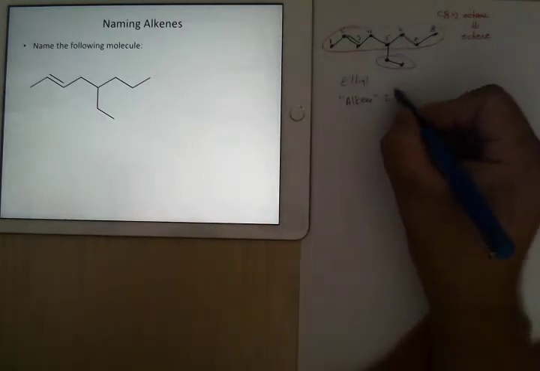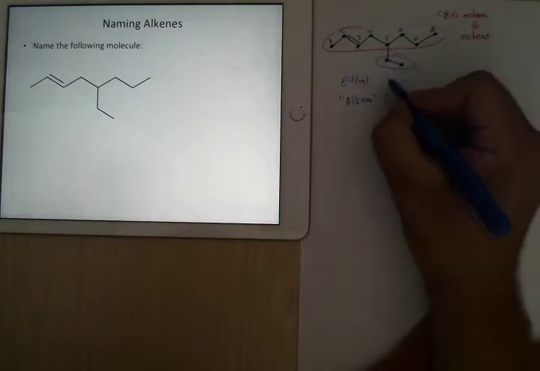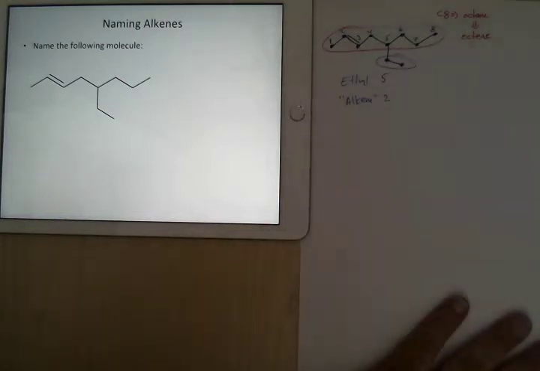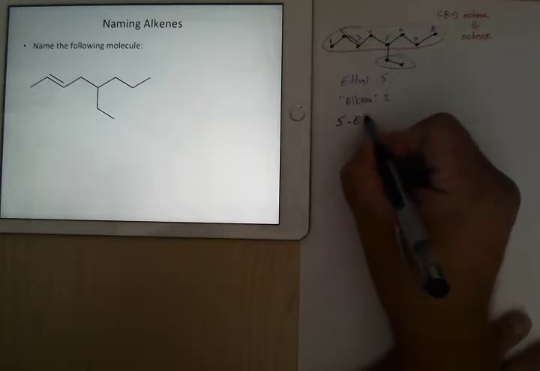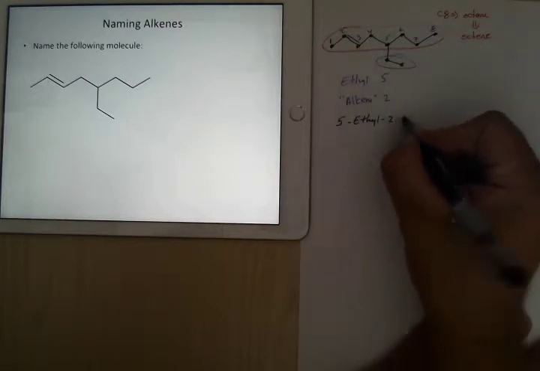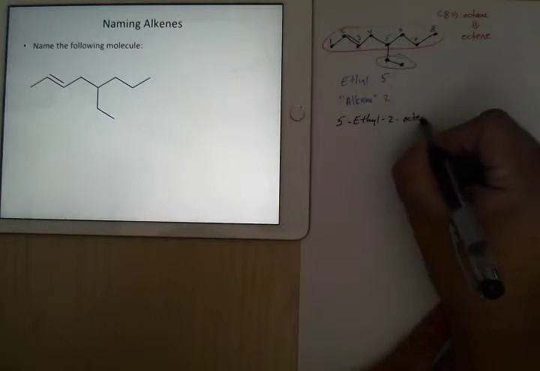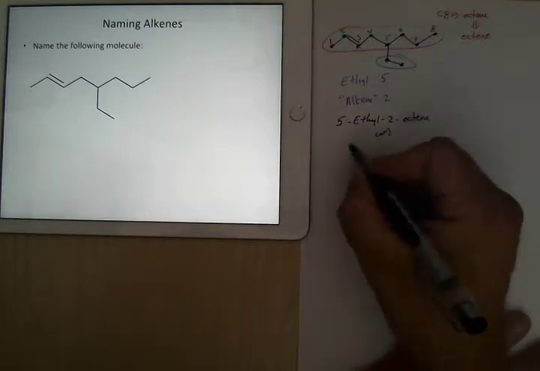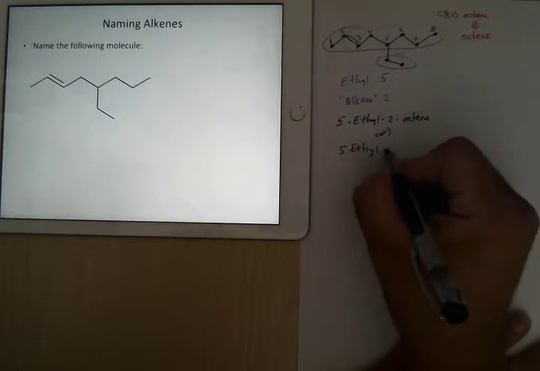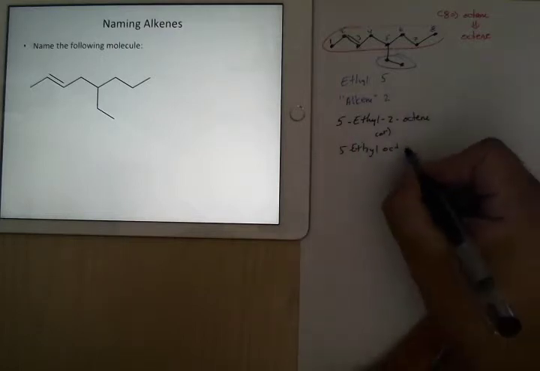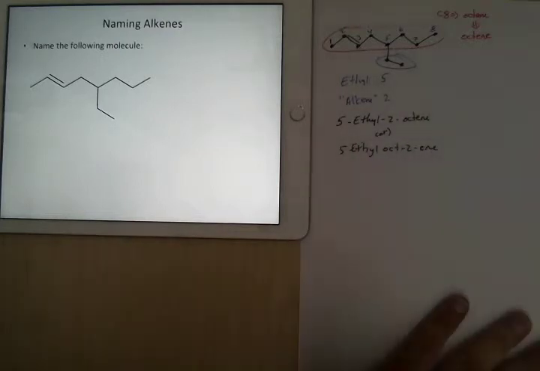So the alkene starts at 2, and the ethyl's at 5. So the name ends up being 5-ethyl-2-octene. The other way you could write it would be 5-ethyl-oct-2-ene. So you could do it either way.